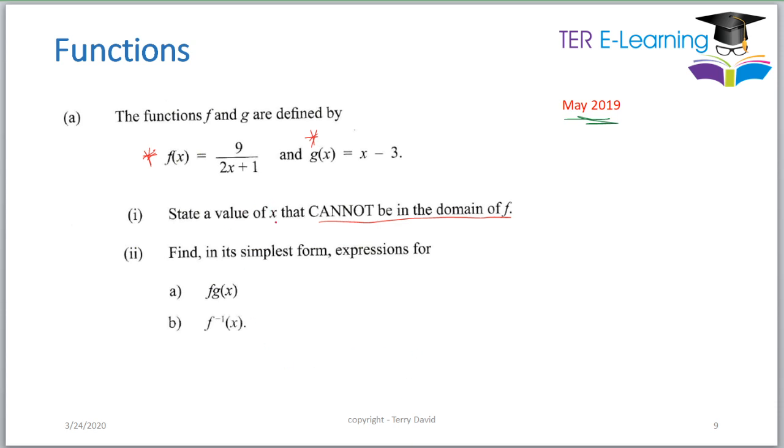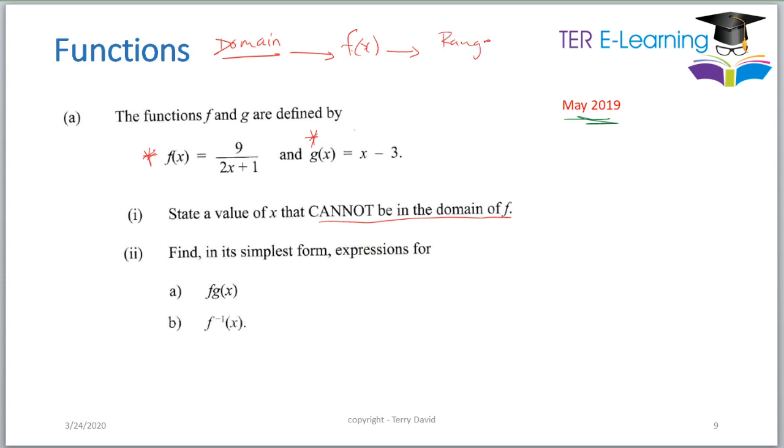So here's what's going on. Now, when you have a function, what goes into the function is what we call the domain. That's what we spoke about last week. So the domain are the values we put into the function, and then what comes out of the function is what we call my range.